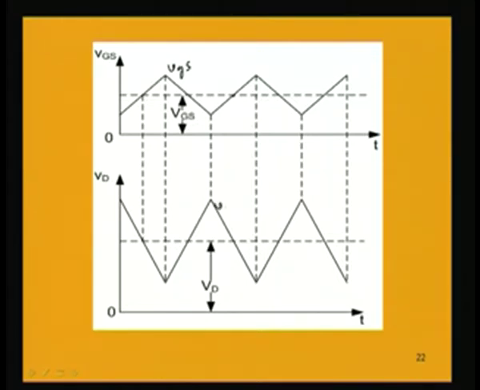This is actually small v small d, which is superimposed on the capital V capital D. So, the output voltage and input voltage waveforms, as we see here, are just 180 degree out of phase.